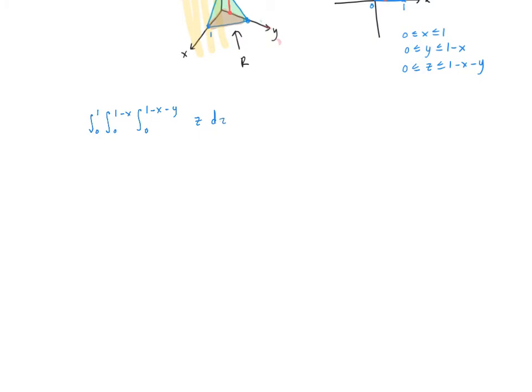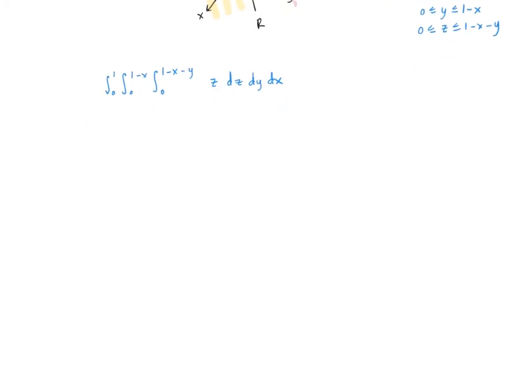I have a dz, dy, and dx. This integral is going to be z squared over 2, evaluated from 0 to 1 minus x minus y, dy dx.